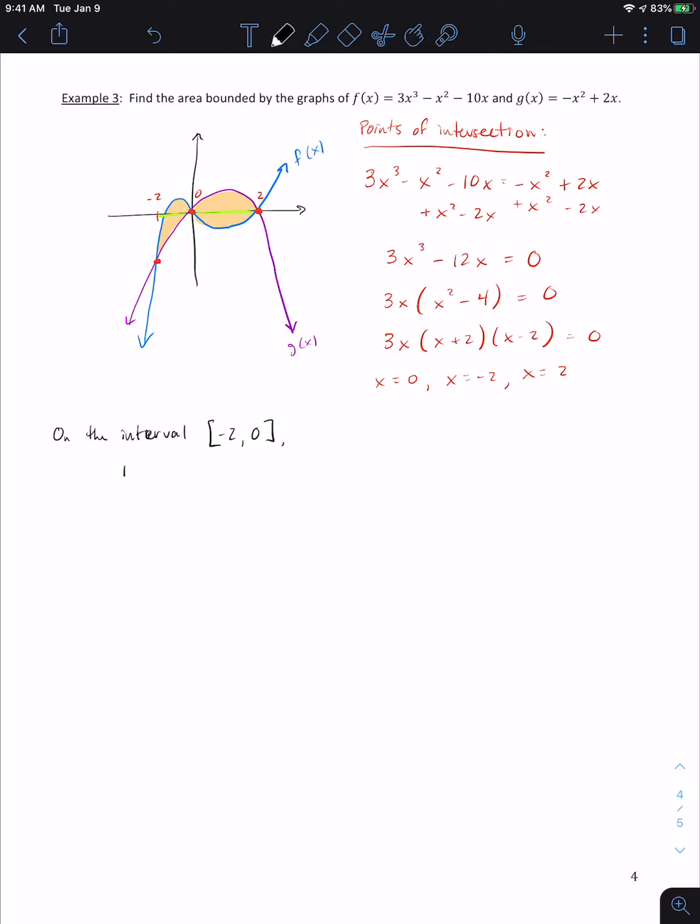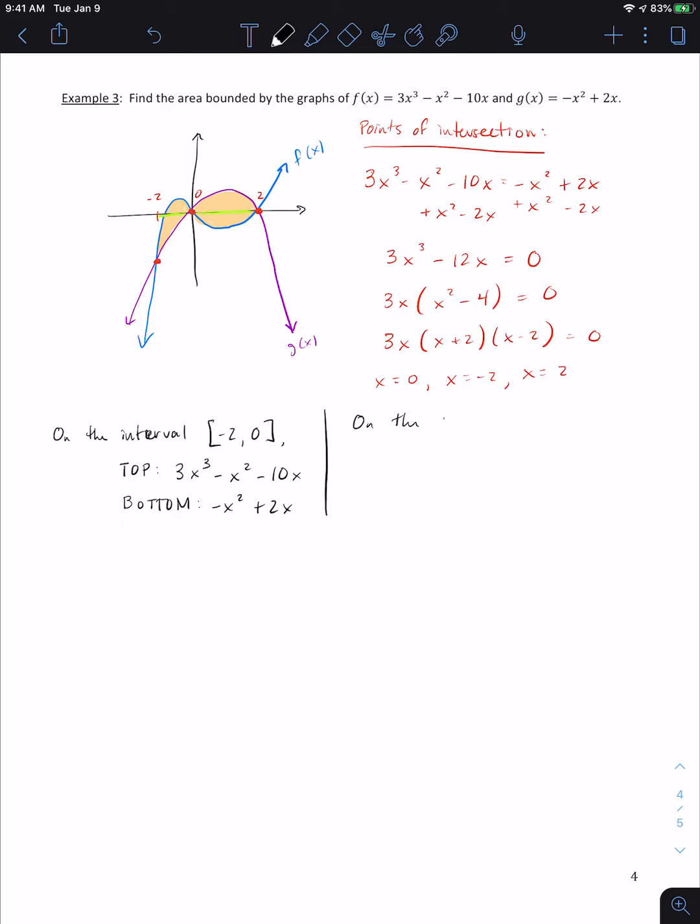Which function is the top function? Well, the top function is going to be the blue function. The blue function is f of x, which is 3x cubed minus x squared minus 10x. And my bottom function is going to be the purple function, which is negative x squared plus 2x.